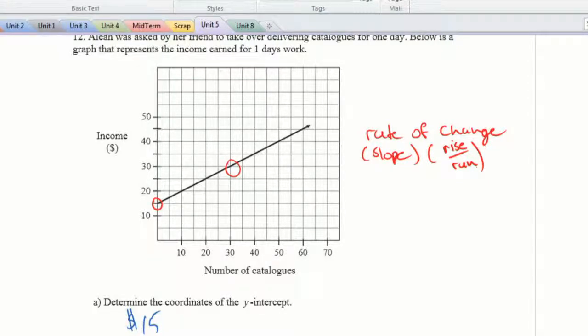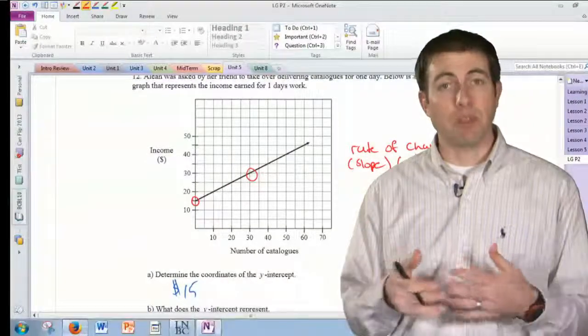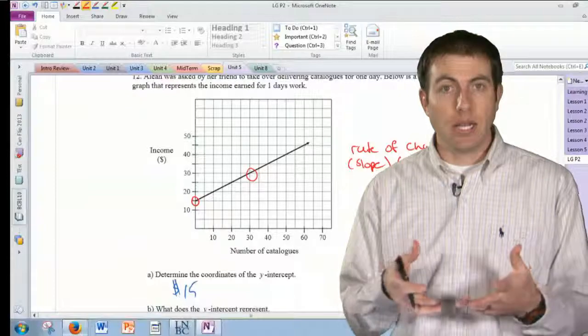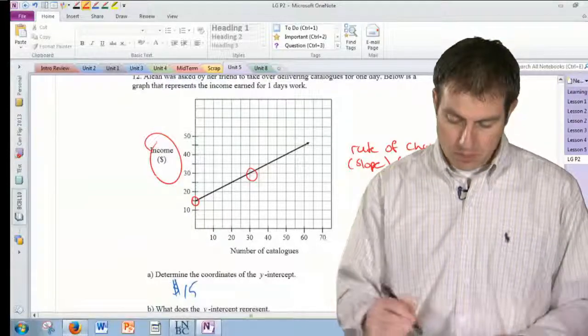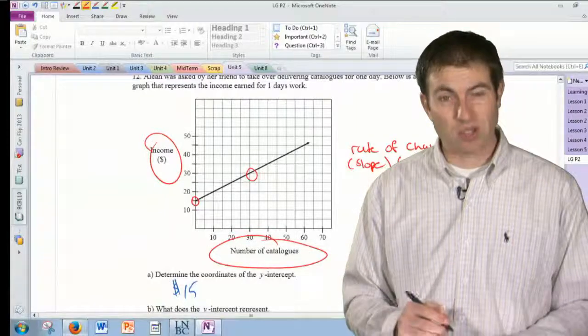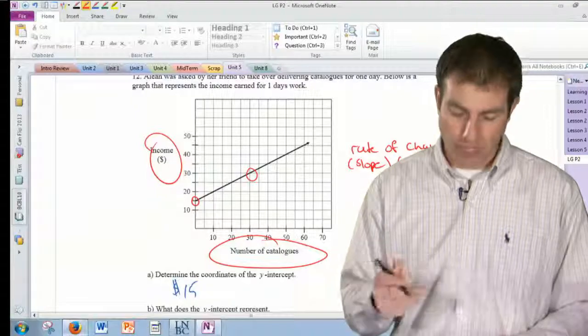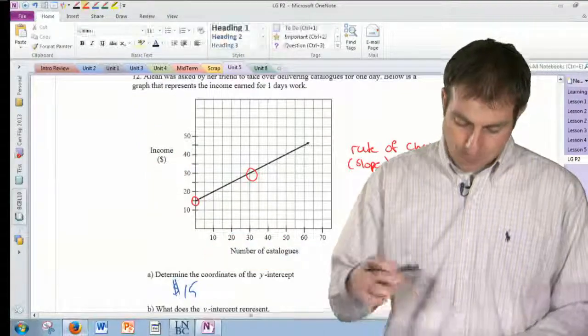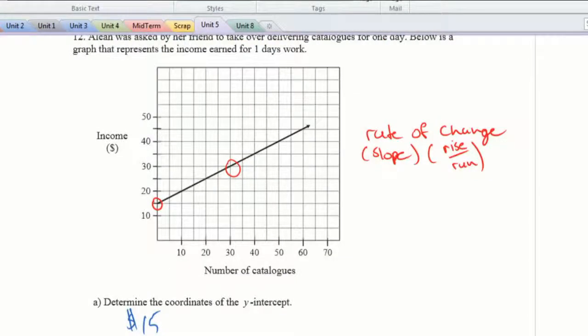Remember, the rate of change is asking how much, like the previous example, the cost per hour, how much they charge per hour. Or in this case, we have income divided by number of catalogs. So it's going to be how much we get paid per one catalog.